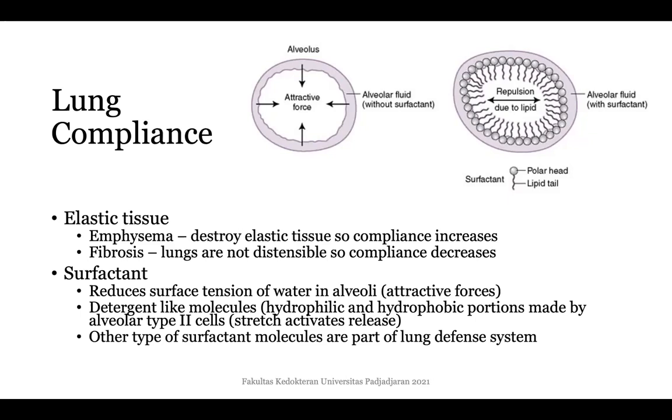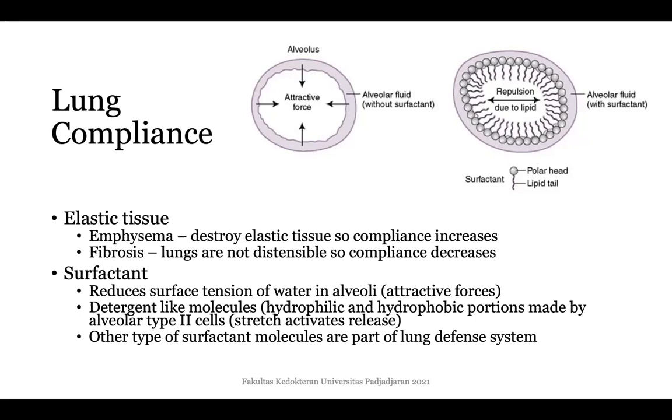Okay. The other factor that influences compliance is the lung surfactant. Remember, the type 2 cells of the alveoli make surfactant, right? They actually make it in response to the lung being stretched. Surfactant is a detergent-like molecule. That's what's shown down here.